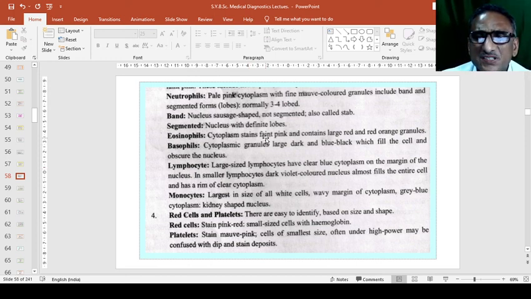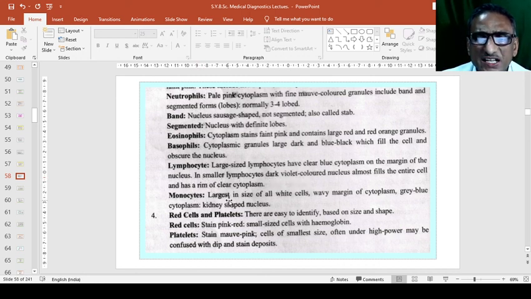Eosinophils also stain faint pink. They contain large red and red-orange granules, whereas basophils have large, dark, blue-black cytoplasmic granules. Lymphocytes are large with clear blue cytoplasm at the margin of the nucleus, and smaller lymphocytes are dark violet colored.